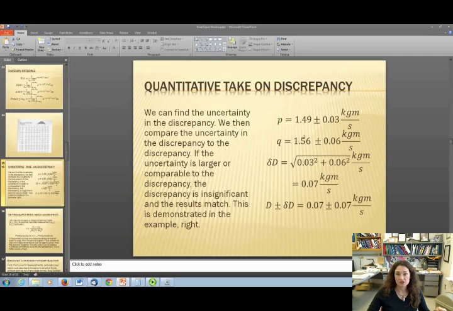Okay? So for the discrepancy, you would subtract P minus Q or Q minus P, and that would give you your discrepancy. And then you compare the discrepancy to the uncertainty on that discrepancy. If the uncertainty is greater than or equal to the discrepancy, it probably isn't too significant. So that's more of a qualitative way of looking at the discrepancy. And I do an example here on this slide.